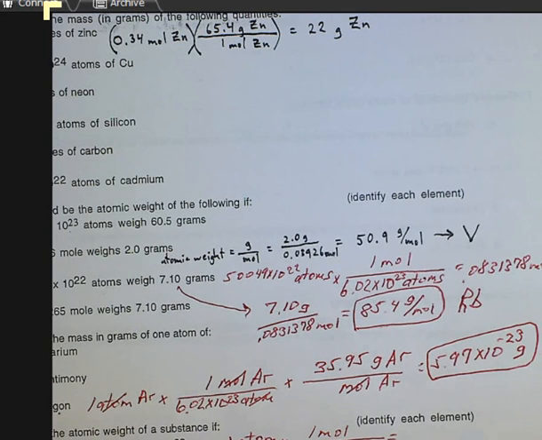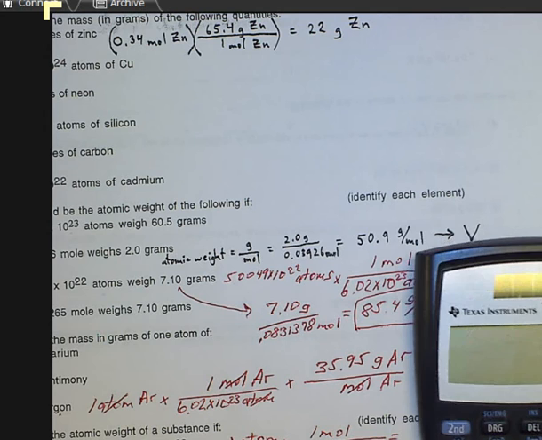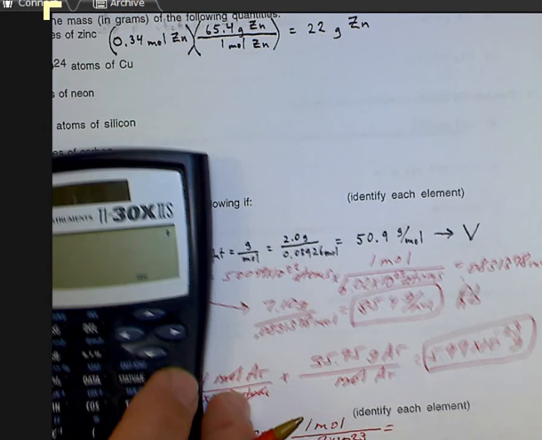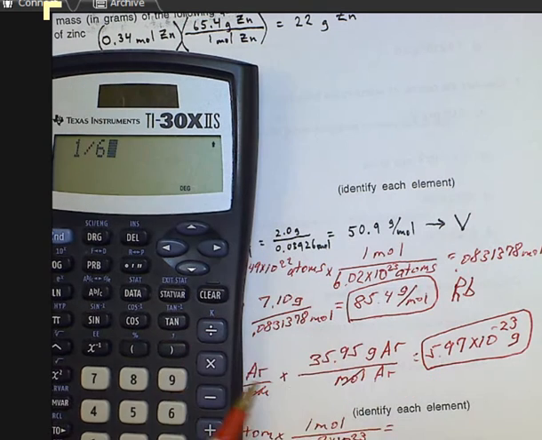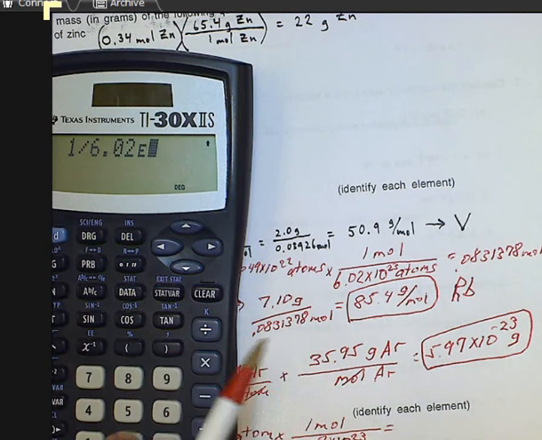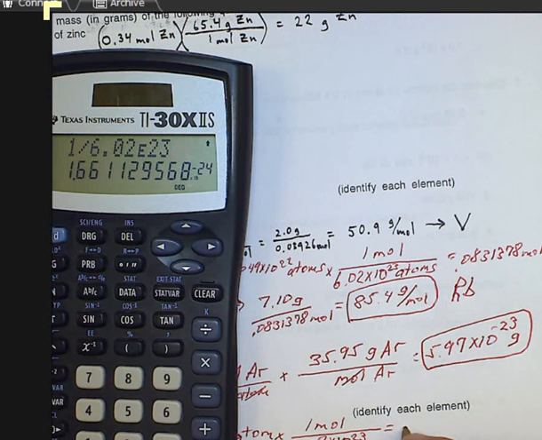So we're going to take 1 divided by 6.02 times 10 to the 23rd, and that's going to be 1.6611 times 10 to the minus 24th moles.